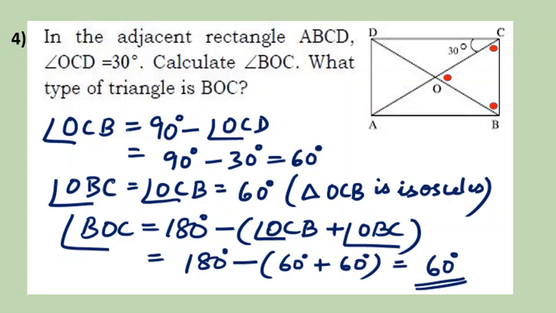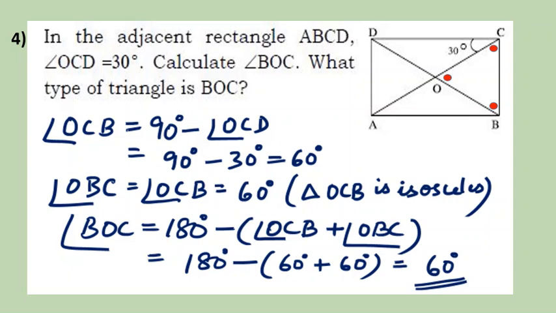Now, angle BOC will be 180 minus (60 plus 60). 180, because OCB is a triangle, and in a triangle the sum of angles is 180 degrees. So I take 180 degrees minus the marked angles, BCO and OBC, which are 60 plus 60.